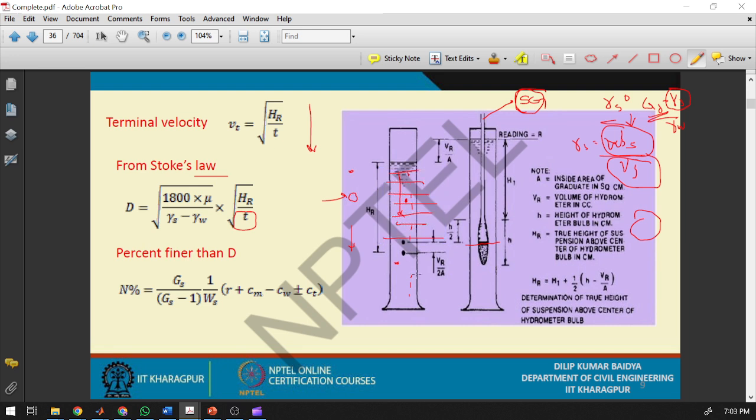We calculate the diameter of the particle, and from these values, we calculate the percentage finer than from this formula.